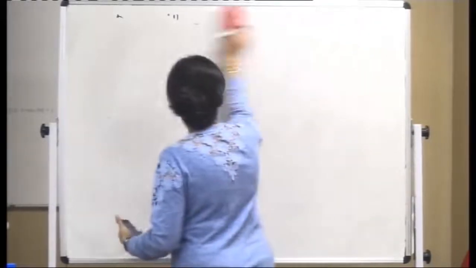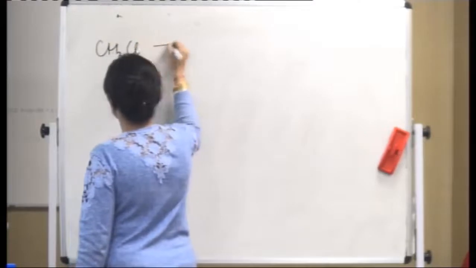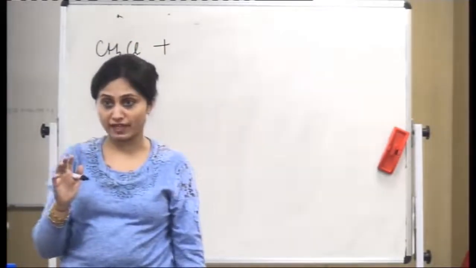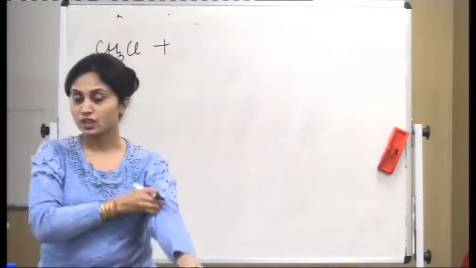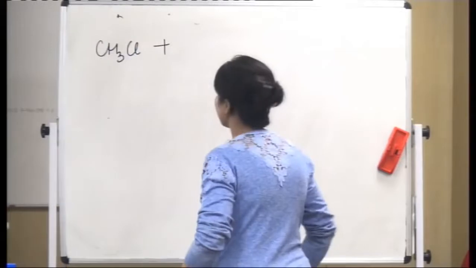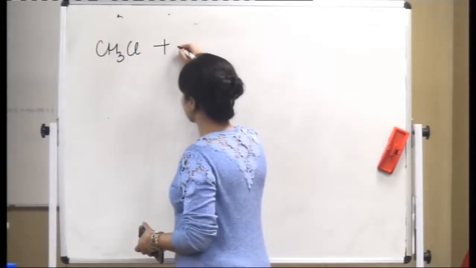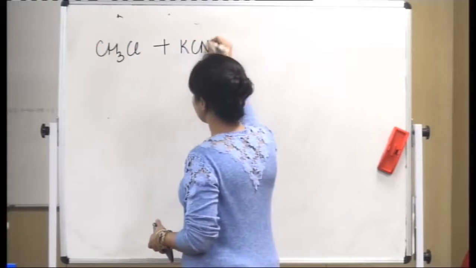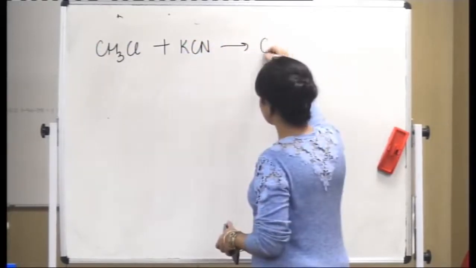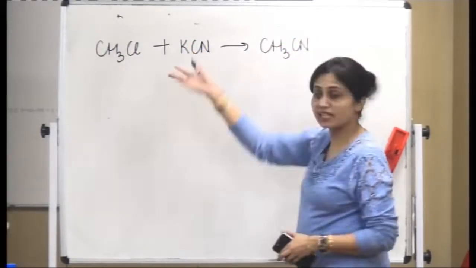Learned? Good. So here another type of reaction is, look up on the board. We've already learnt about ambident nucleophiles in coordination, which have two points of attachment. Now look carefully here. If I am talking about CH3Cl, and I add KCN, then I get the major product as CH3CN plus of course KCl.